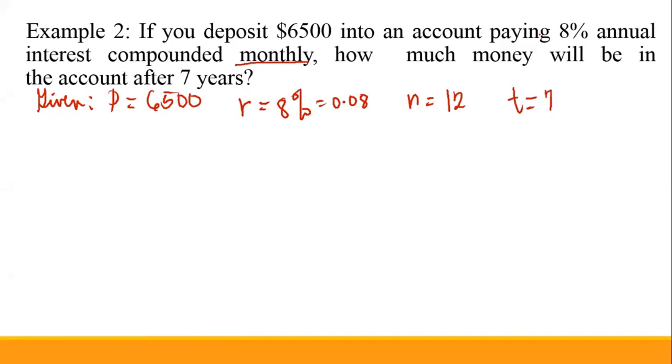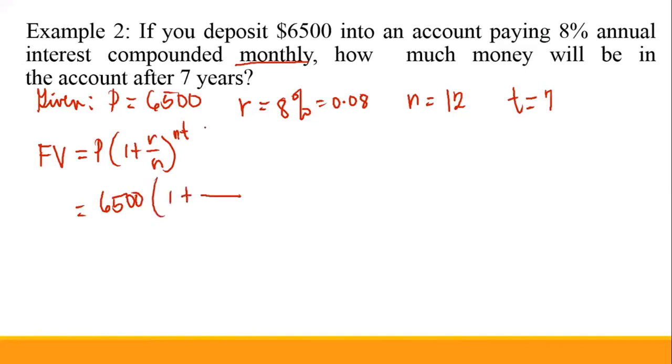Okay, so we're going to plug in the given information into our formula. So P is 6,500 times 1 plus the rate, 0.08 over 12, raised to 12 times 7.